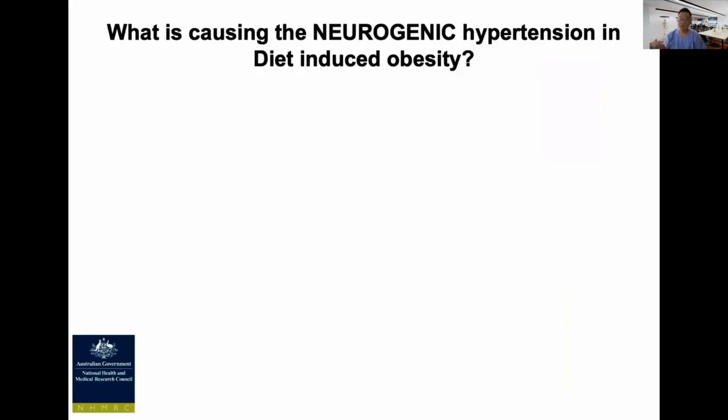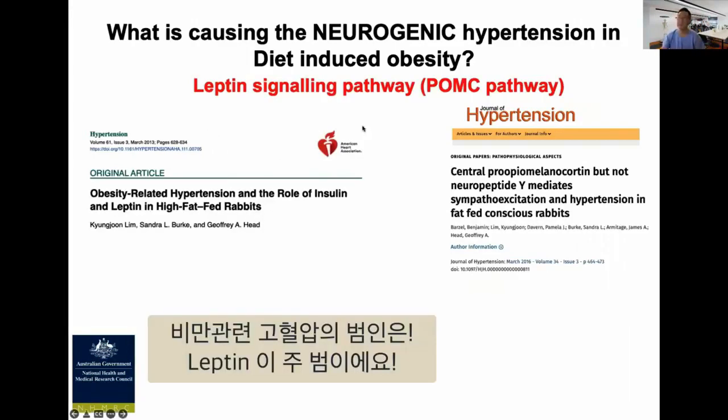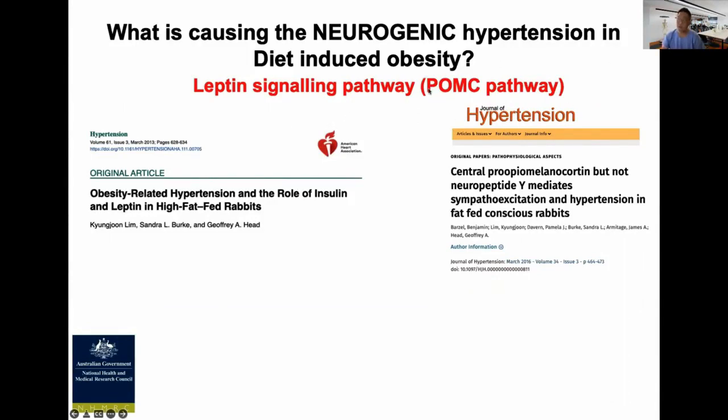So, combining the ICV study with the VMH study, what we know from these exciting findings is that the main cause of the neurogenic hypertension in diet-induced obesity in adulthood is due to changes in the leptin signaling pathway, as well as the downstream POMC signaling pathway.